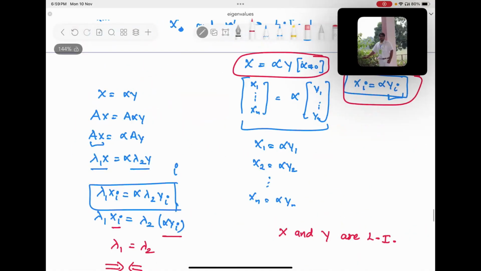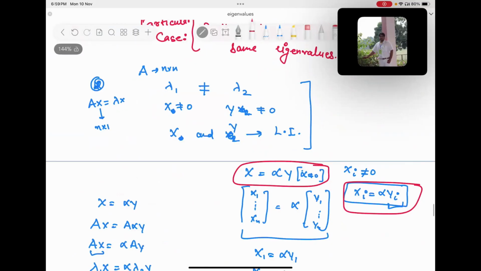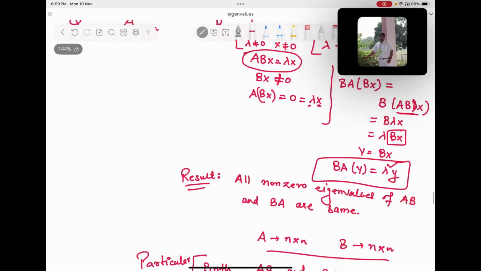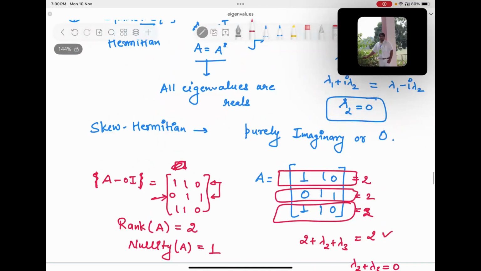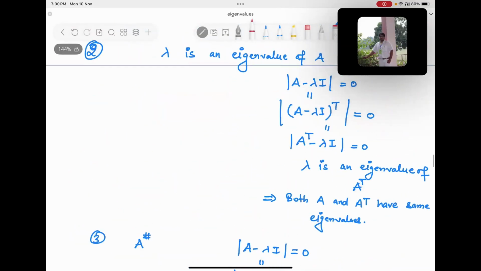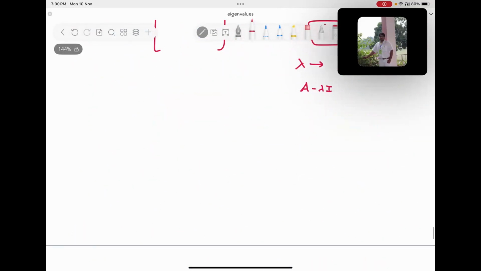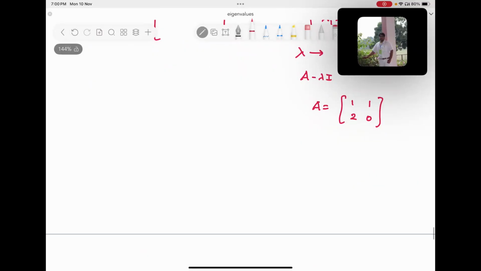Suppose take this example where we have taken 1 1 2 0. I think we took this example. Suppose you have this matrix. Now we already know 2 is an eigenvalue for this, and the eigenvector is 1 1.